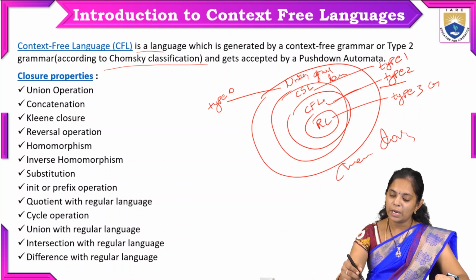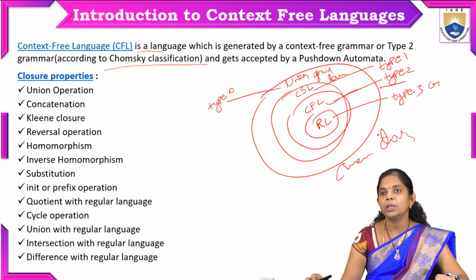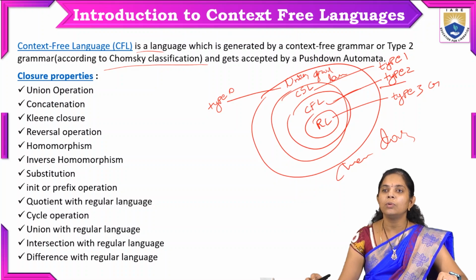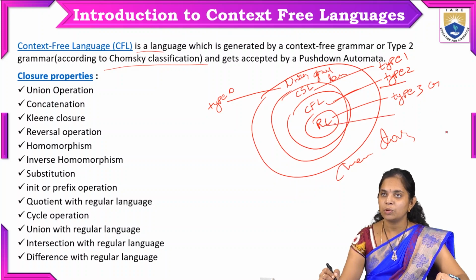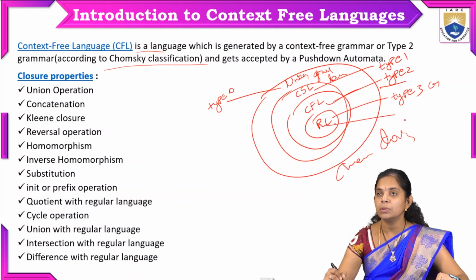For every language we are going to generate or accept it with a machine. Coming to the regular languages, which are type 3 grammar, they are accepted by the finite automata.